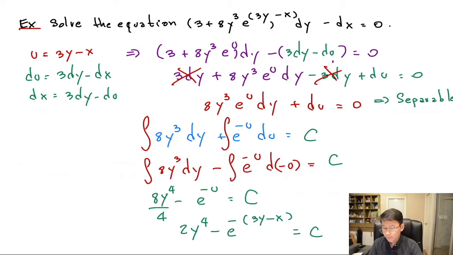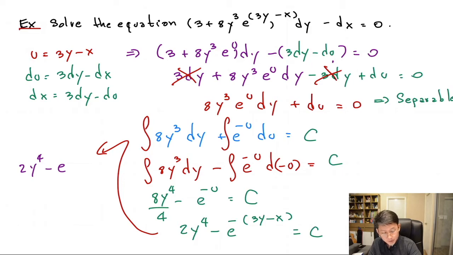So the solution would be 2y to the 4 minus e to the x minus 3y equals c, and that's it.